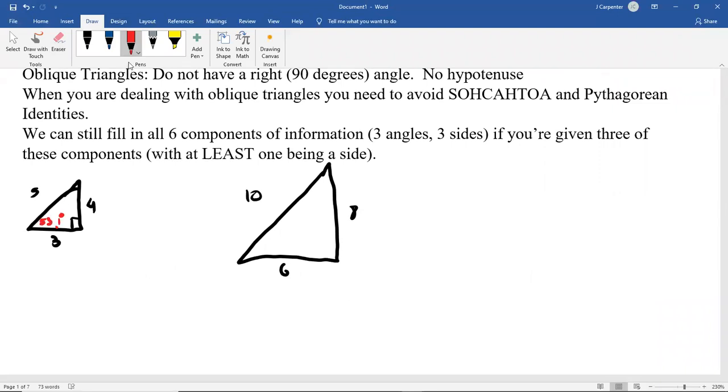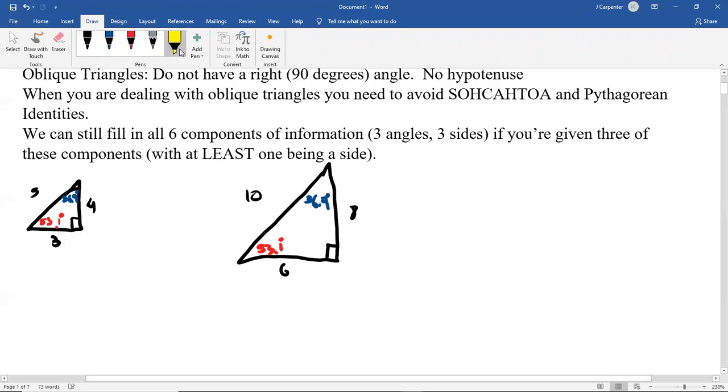And if that's 53.1, 90 minus 53.1 is going to be 36.9. So that makes this angle 36.9 degrees, and this is, of course, 90. Well, guess what? With a 6, 8, 10 triangle, this is the exact same ratio. So this angle is 53.1 degrees, this angle is 36.9 degrees, and this is still a right 90-degree angle.